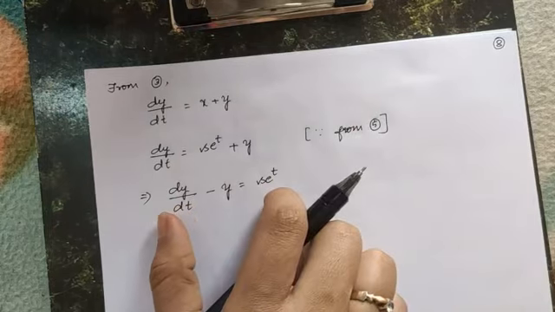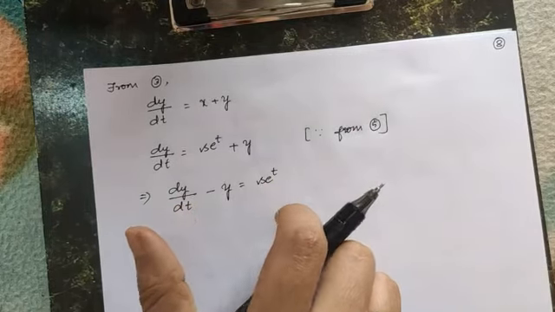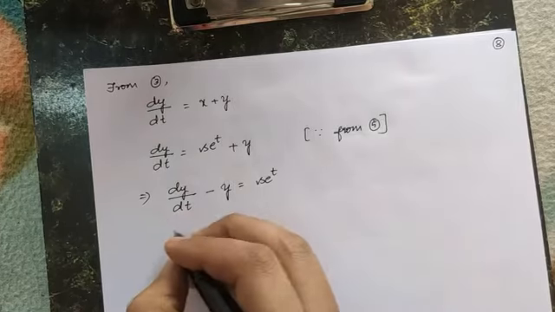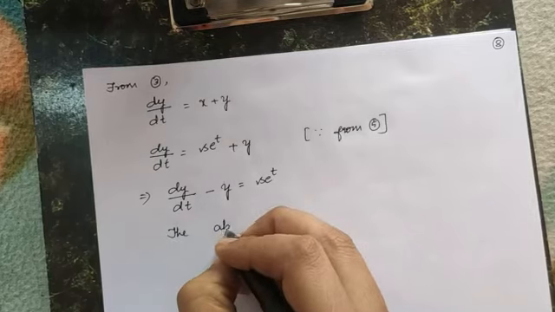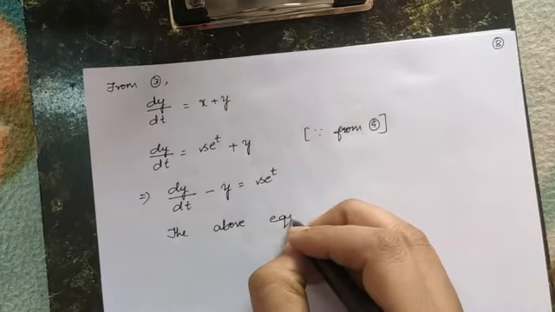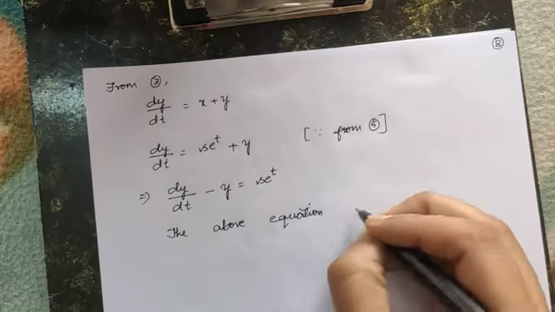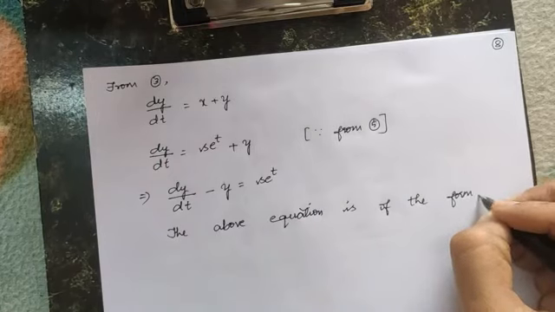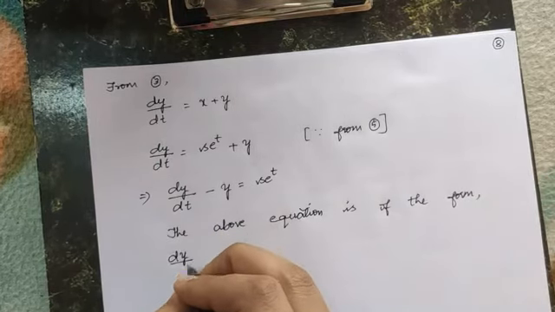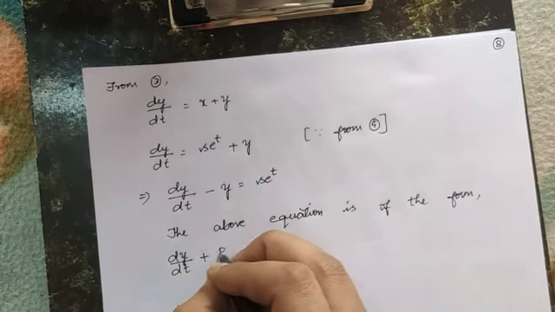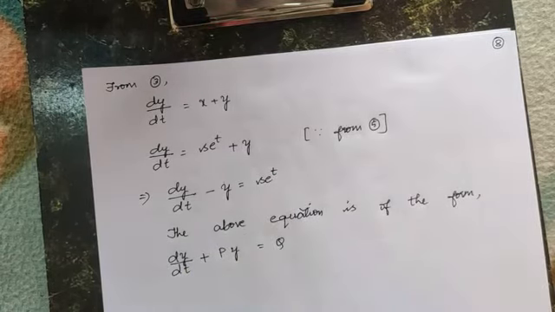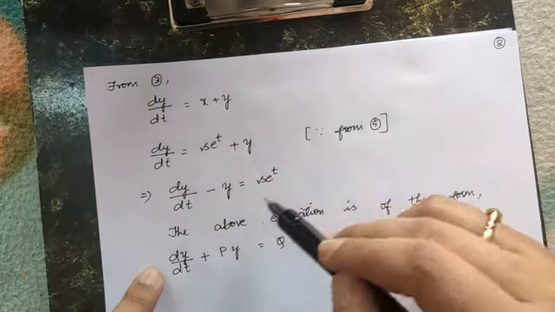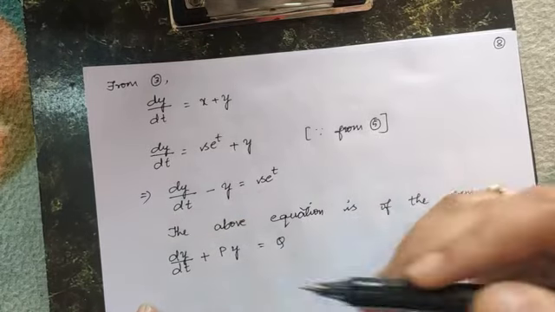Now if you observe, this equation is nothing but your linear differential equation, right? So the above equation is of the form dy by dt plus py is equal to q. This is nothing but my linear differential equation. So now the obtained equation is in the form of a linear differential equation.